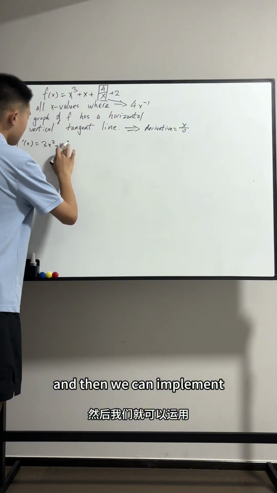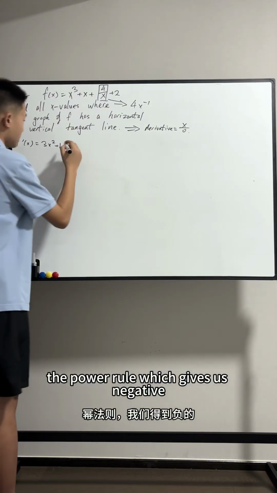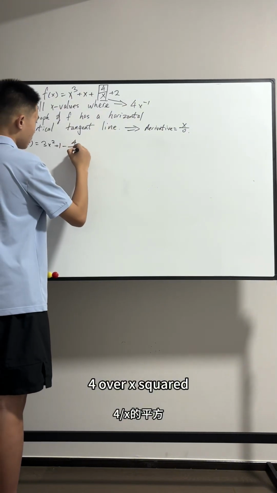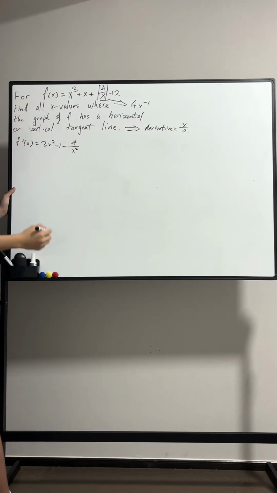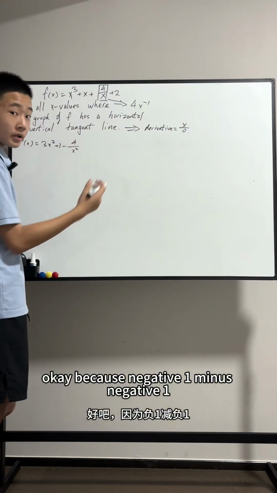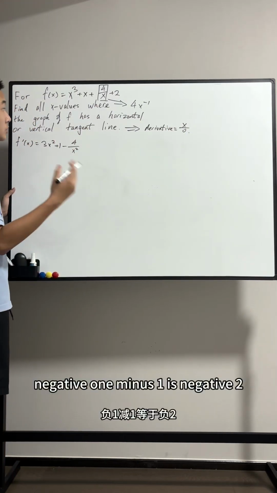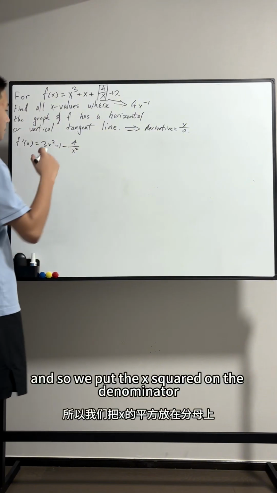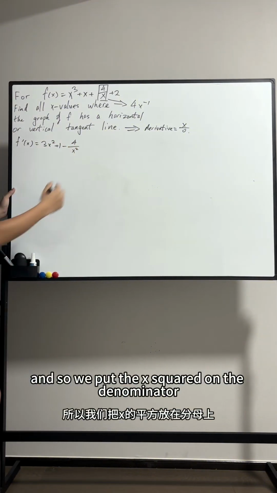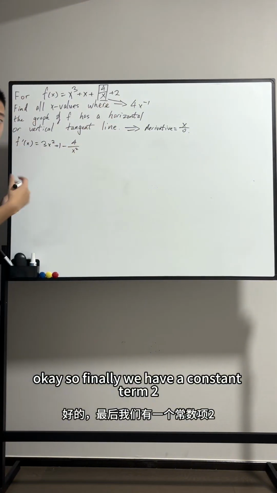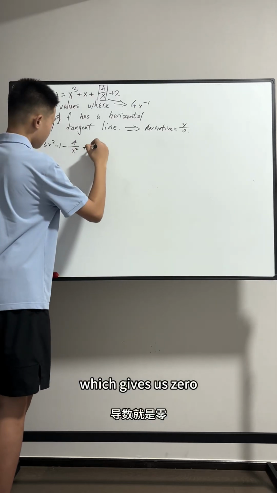And then we can implement the power rule, which gives us negative 4 over x squared, because negative 1 minus 1 is negative 2, and so we put the x squared in the denominator. Okay, so finally we have a constant term 2, which gives us 0.